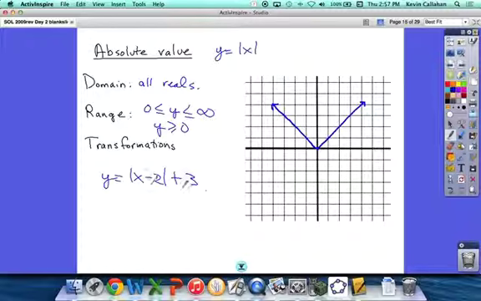Did moving the function up 3 change the range? Sure. Yeah, now it's y greater than or equal to 3. So this would have a range of y greater than or equal to 3. But the domain, it wouldn't matter since it's already all real numbers. If you move it left or right, doesn't matter. Okay.